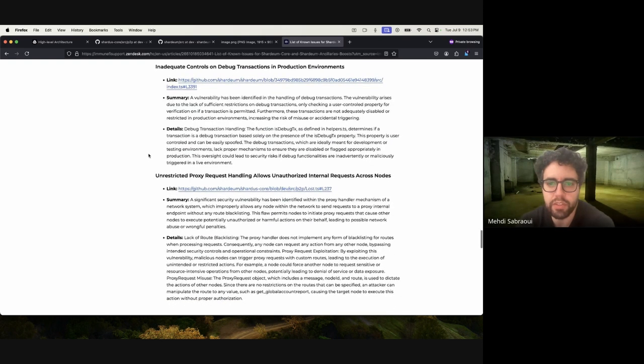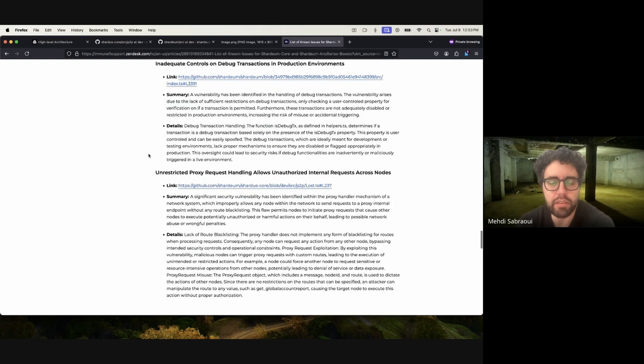Inadequate controls on debug transactions in production environments. We have fixes going in for this. And that leads into a question that was part of our agenda: what are the different access control roles within the protocol? One of them is debug transactions, which require multi-sig dev keys, multiple dev keys, in order to run.